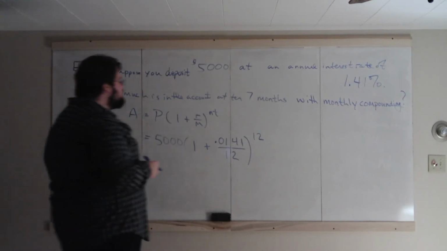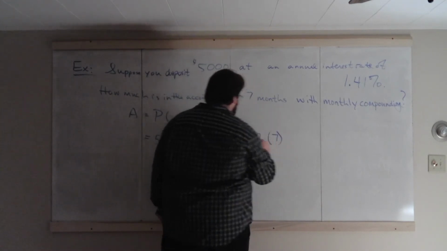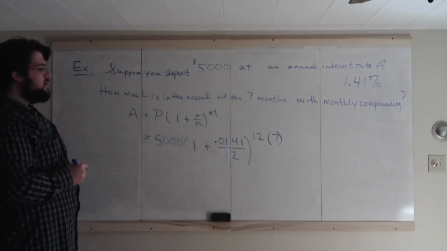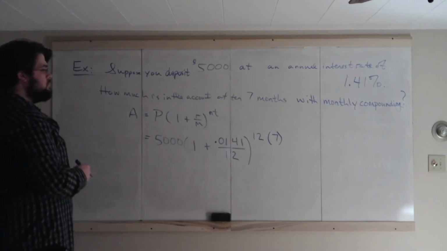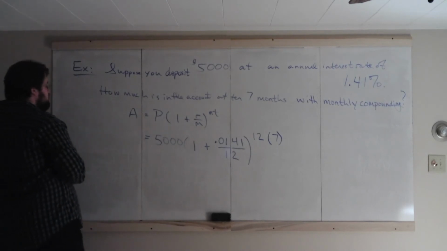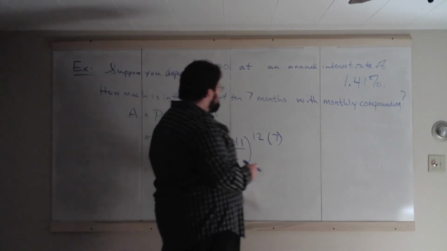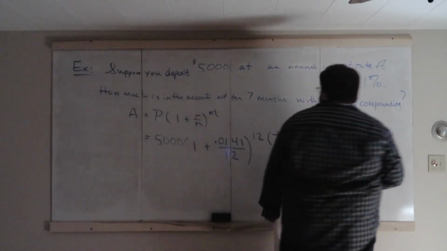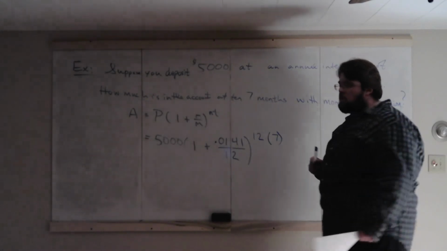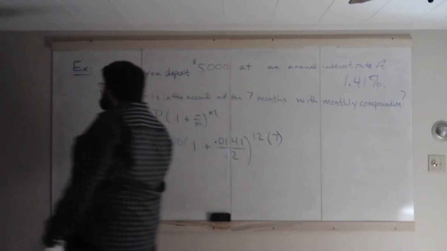And we have 7 months. What is currently written is incorrect. Why is it incorrect? Well, we have to go back to our units. With this formula, with the M's and P's and R's and T's, we want everything to be in years. And 7 months is not in years, so we need to convert that.